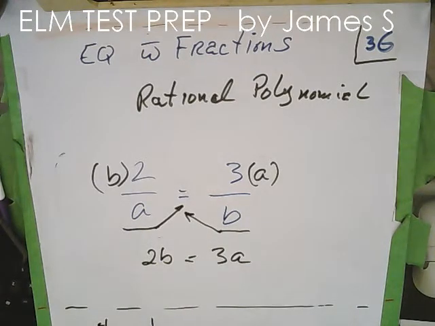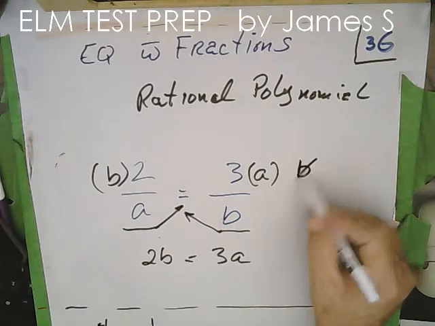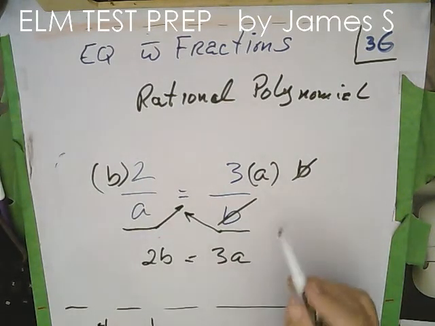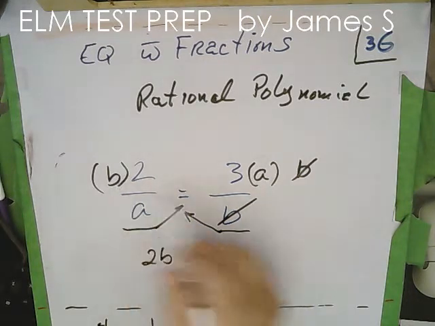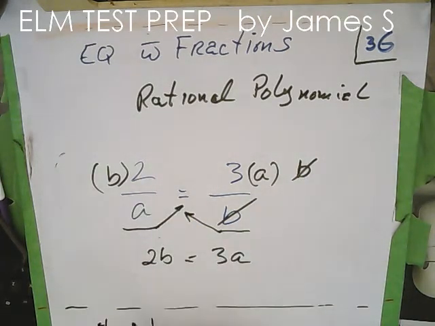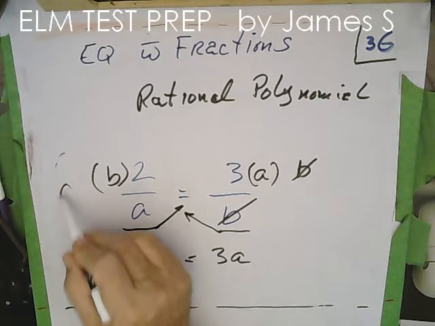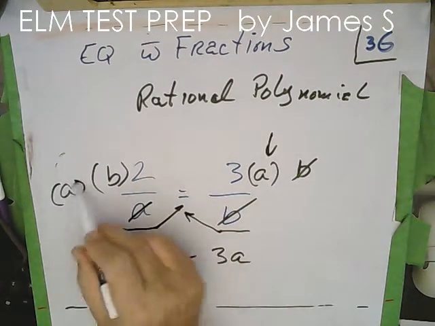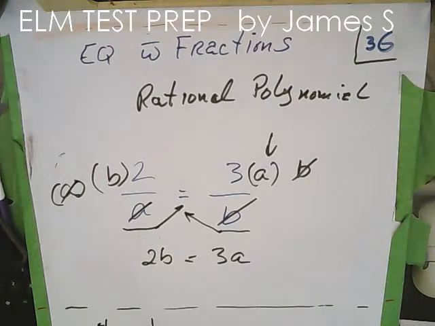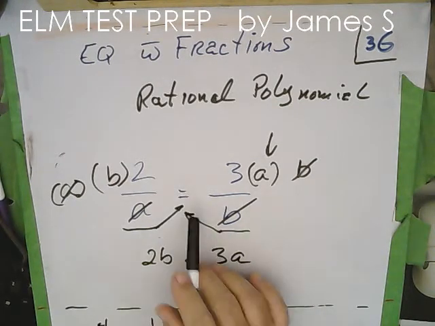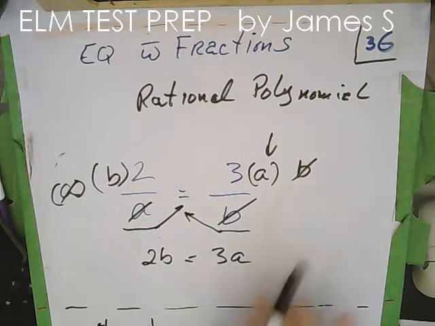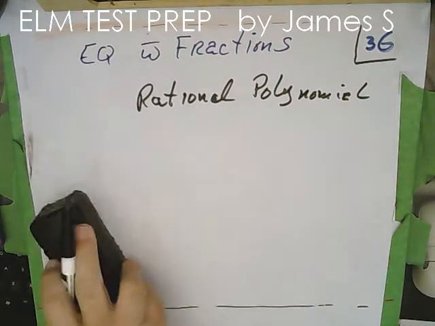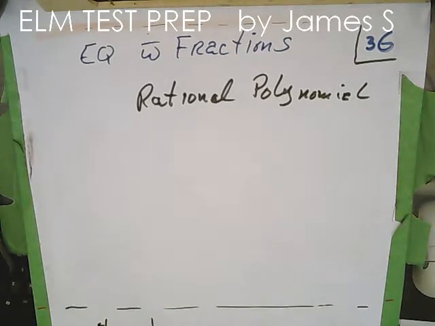Remember we said that if I multiply both sides by b, the b's go away. That is essentially bringing the b over here. I multiply both sides by a, and essentially brought the a over to this side. So I can solve a rational equation by taking my denominator to the other side as a multiplier.